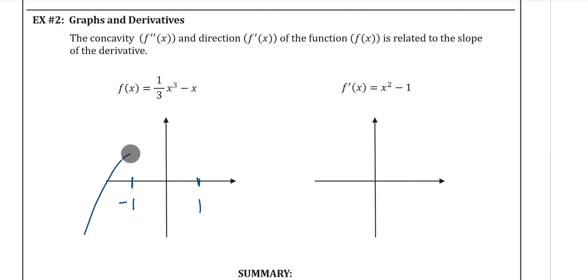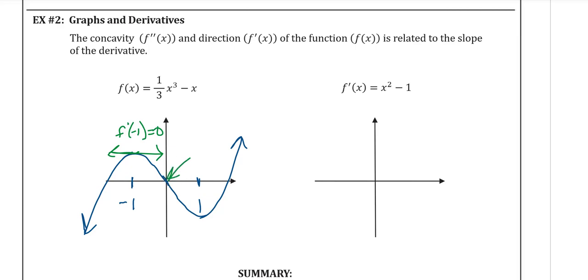Let's see if I can draw this real nice. There we go. Okay, so this is our graph of f. What we have here is our relative maximum. Here's f prime of -1, and you can see that's a horizontal tangent line.